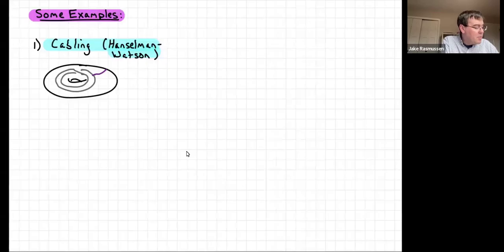Okay. And you'll notice that I put a little purple tail in here. If you're a little bit familiar with bordered sutured Floer homology, this purple tail is indicating that I've actually drilled out that arc.